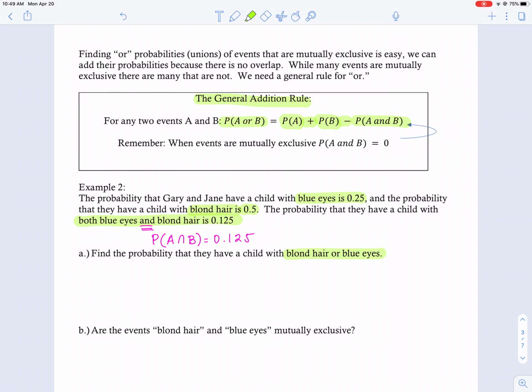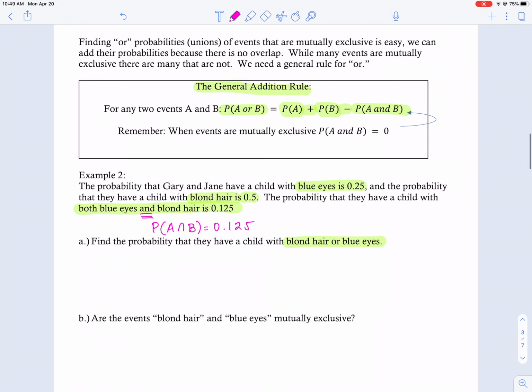So find the probability that they have a child with blonde hair or blue eyes. Okay, so we could do that using our little formula. Remember that the probability of A or B is equal to the probability of A plus the probability of B minus the probability of A and B. Okay, so watch how I'm going to write my symbol.